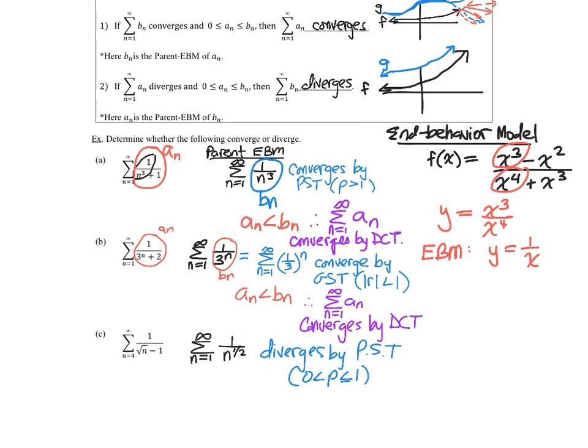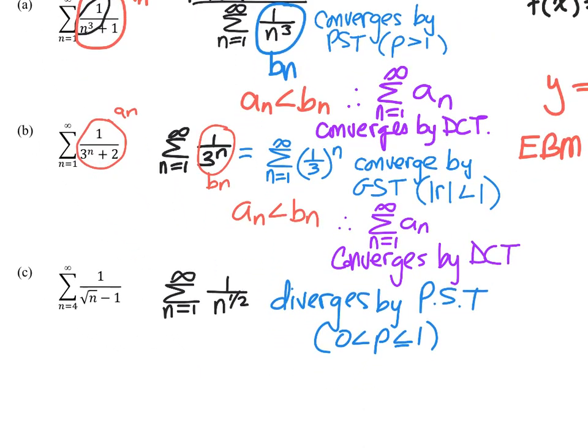So we're in the second category here. All right, a sub n is the parent of b sub n, so the roles are reversed. So we just have to ensure that the relationship is still the same, and that is that a sub n is less than b sub n.